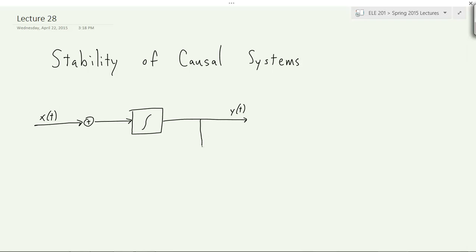Suppose you have some feedback from the output of this integral, and it gets added into x of t. I'm also going to suppose we have an amplifier right here. From now on, I'll just put a number on the line, representing that the signal gets amplified. Previously, I put a little triangle for it, but I'll just put a number there. So this 5 means multiply the output of that sum by 5.